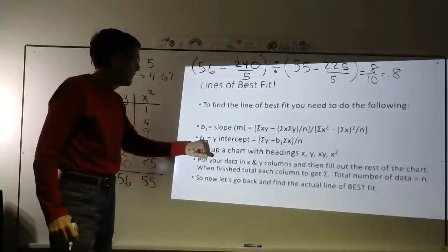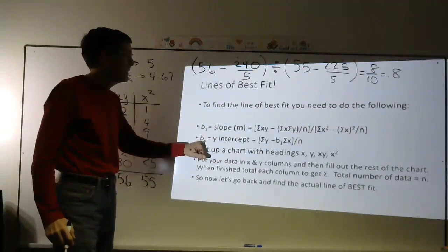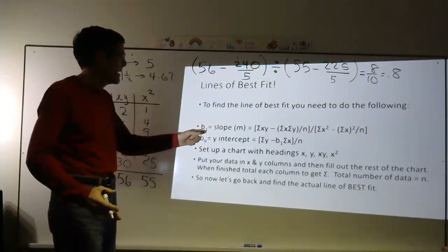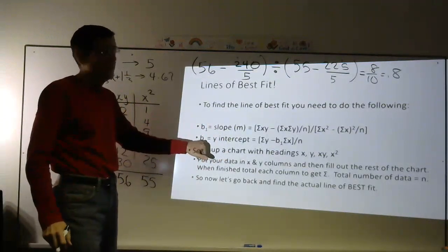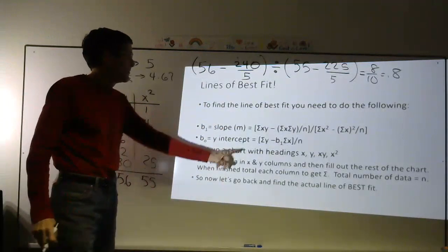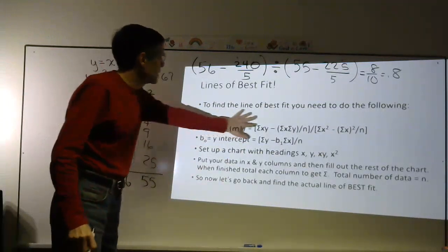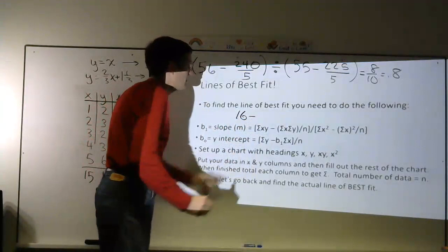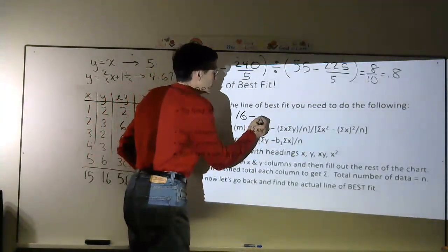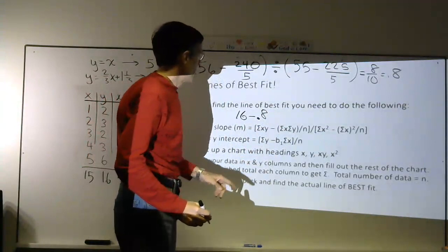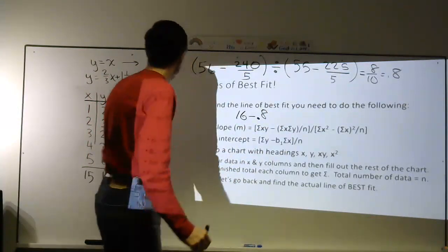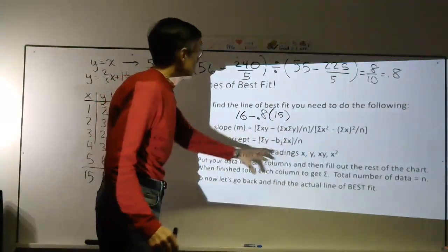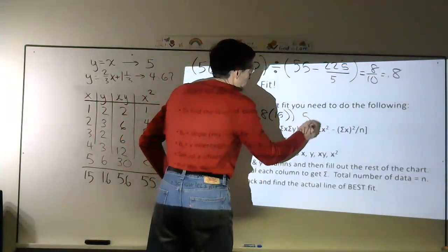Now, B naught. Your author likes to use B1 and B naught instead of, why can't he use M and B? Y equals MX plus B, M slope, B, but anyway. He uses B naught for the y-intercept. So we have the summation of the y's, which is 16, minus the slope, 0.8, times the summation of the x's, 15, and that's all divided by 5.